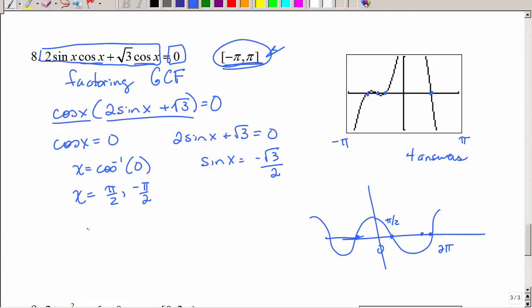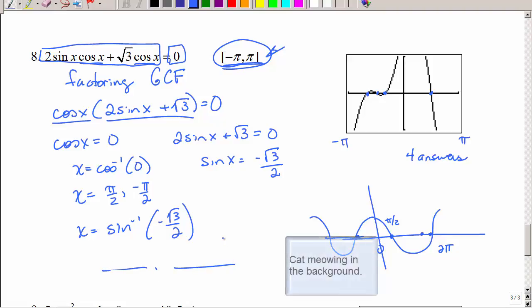What about this one? X is equal to the inverse sine of negative square root of 3 over 2. The sign is negative in what two quadrants? The sign is the y value, so it's negative in quadrant 3 and quadrant 4. Where's this? Quadrant 3 and 4.